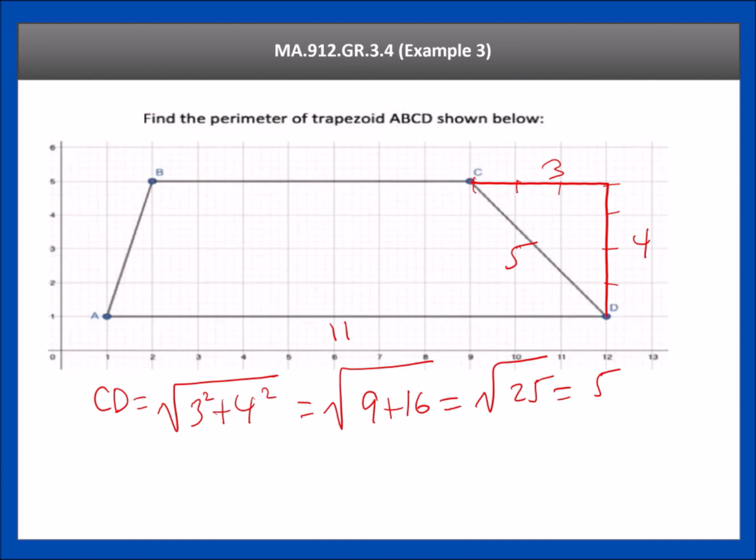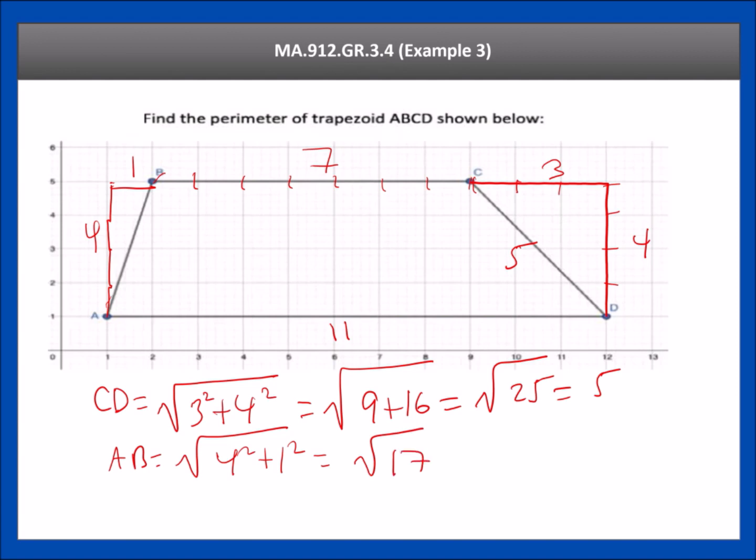And then BC is 1, 2, 3, 4, 5, 6, 7 spaces. So BC is 7. And then we'll do AB. We got 1, 2, 3, 4, and we got 1 here. So AB equals the square root of 4 squared plus 1 squared, so that's the square root of 17. All right.